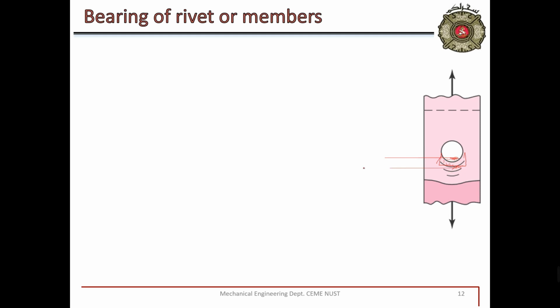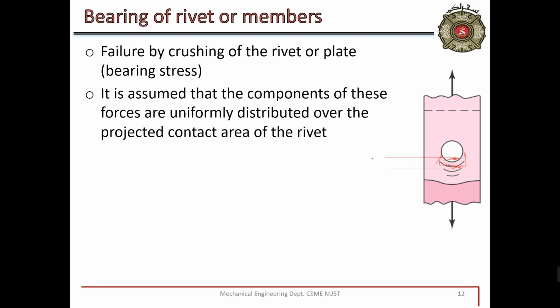Again the value is force divided by area, but this is crushing of the rivet, or compression of the component. The area can be calculated.